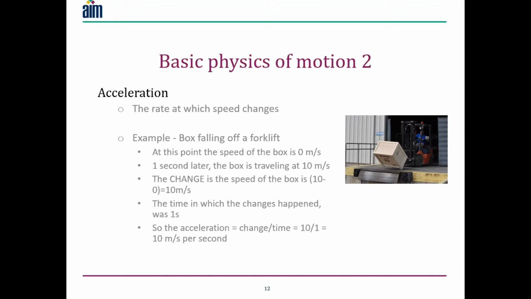So 10 meters per second, or sometimes this is written as 10 meters per second squared, because it's meters per second per second. So that's the very basic physics of acceleration. And so on the next slide, please.